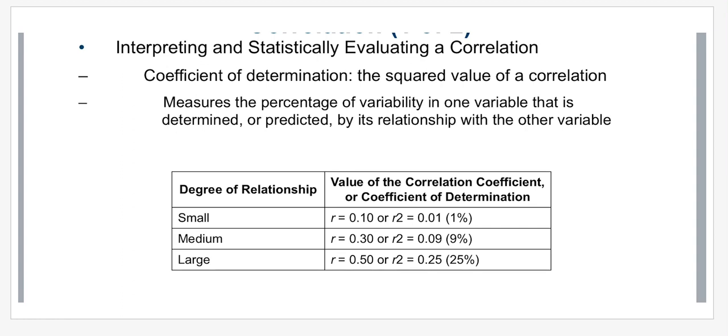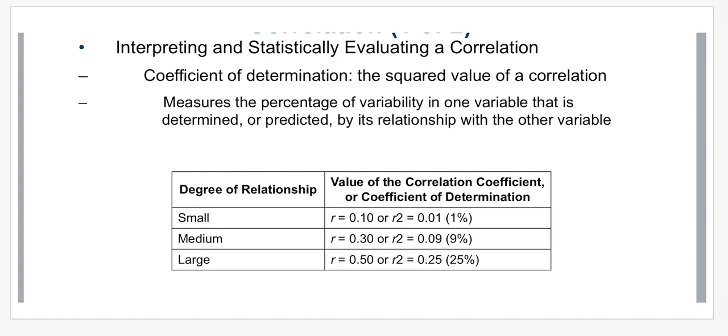Now, the coefficient of determination is the percentage of the variability in one variable that is determined or predicted by its relationship with the other variable. What does that mean? Okay. If you look at our small relationship here in this chart, the correlation coefficient, the Pearson R, is 0.1.